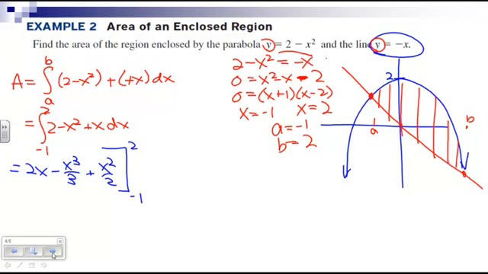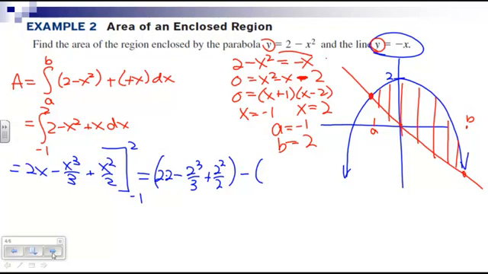Are we ready? Plug in the 2's. 2 times 2 minus 2 cubed over 3 plus 2 squared over 2. There's our upper end evaluation.